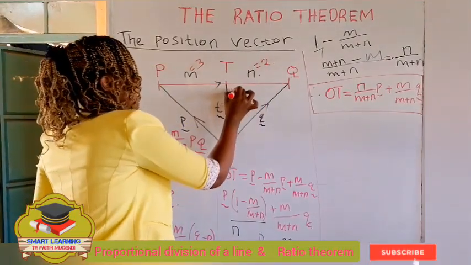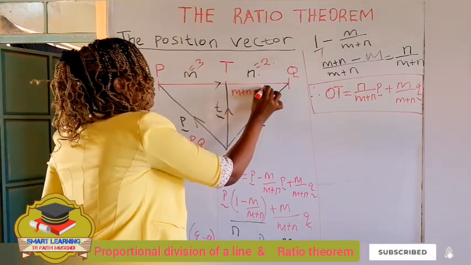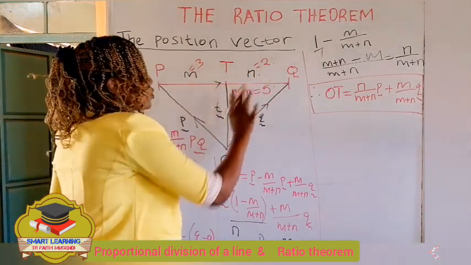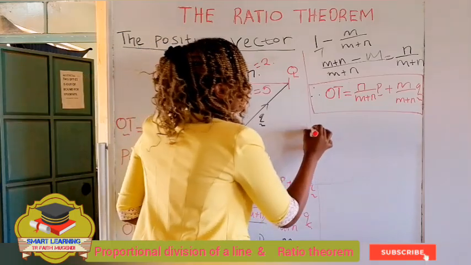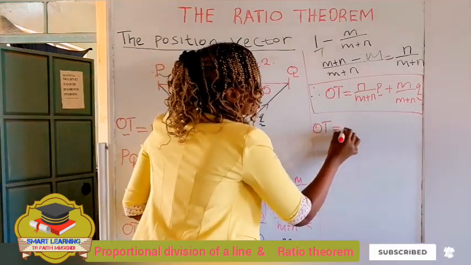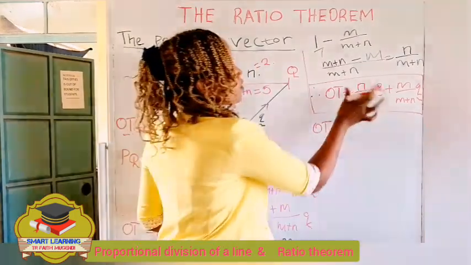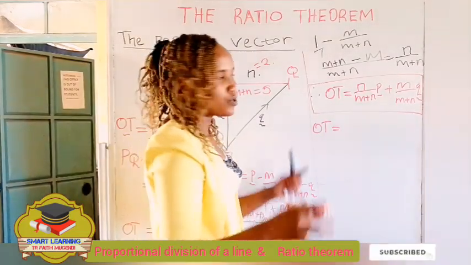Then it means that m plus n is 5. 3 plus 2 is 5. Now, OT would have been an easy job if we considered using the ratio theorem.